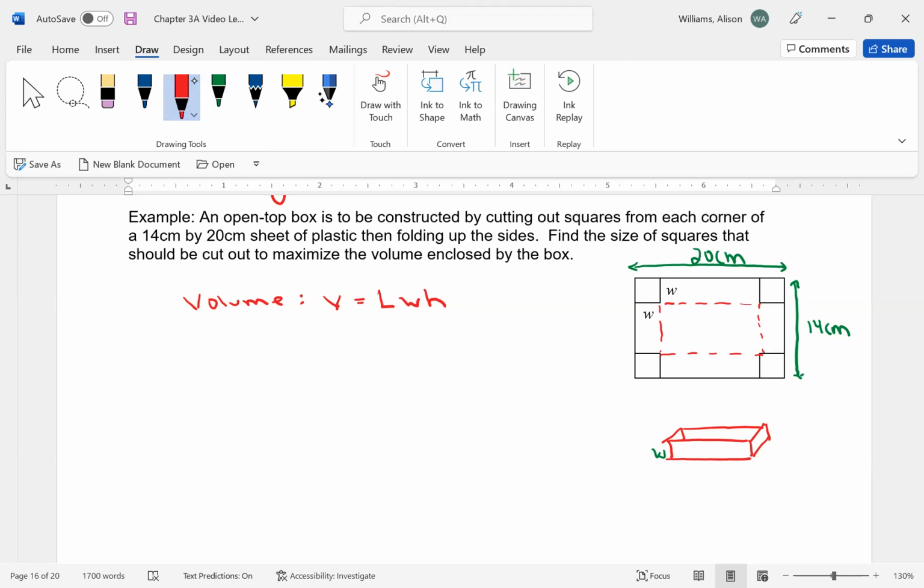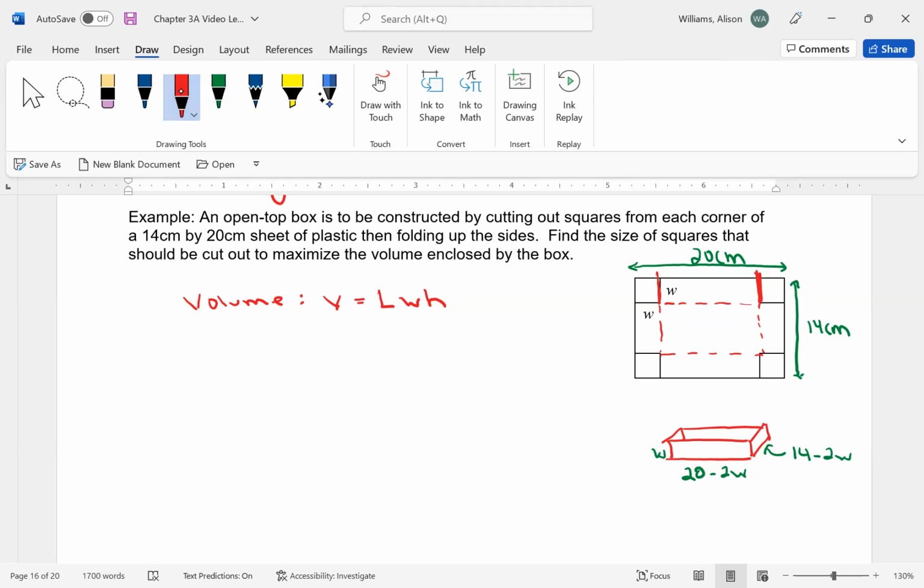So what we're left with from here to here is 20 minus W twice, 20 minus 2W. That's the length. And over here on this side, it would be 14 minus W twice, or 14 minus 2W. So there's my length, my width, and my height based all on W.